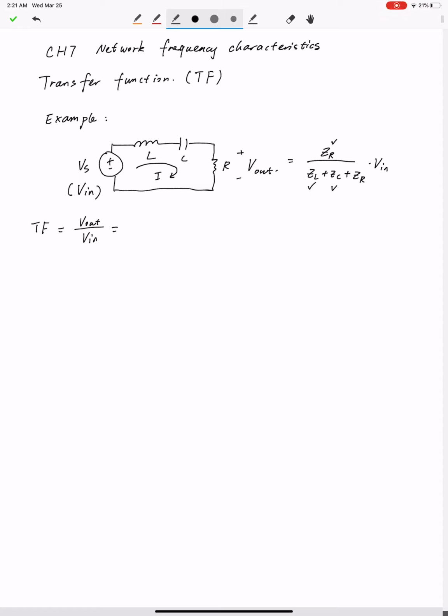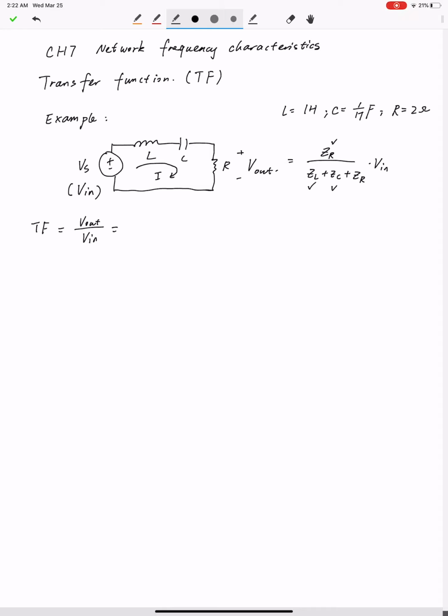So in this example, we know the impedance of these three components. The inductance of the inductor is 1 Henry. The capacitance of the capacitor is 1/17 farad, and the resistance R is 2 ohms.